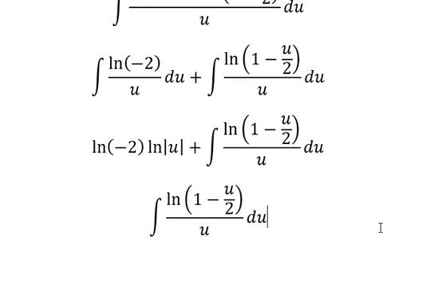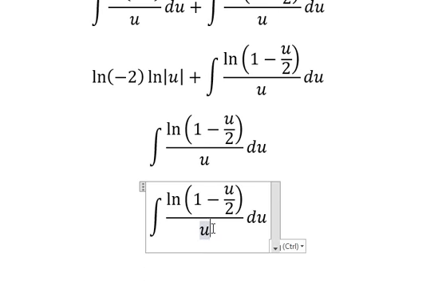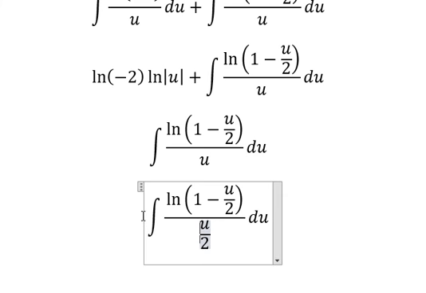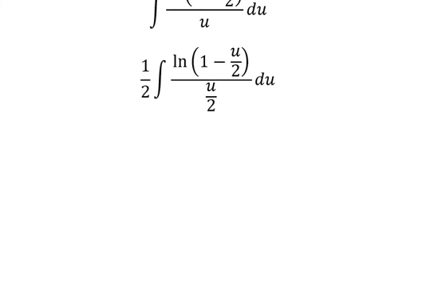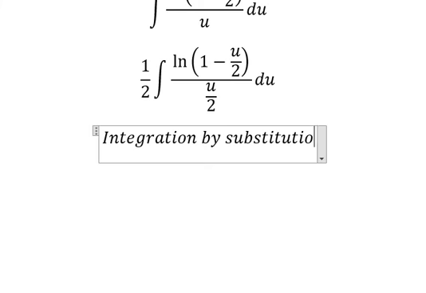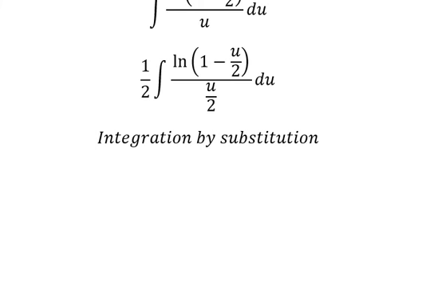So I will put number 2 and another 1 over 2 in here, because I want to use integration by substitution. So I will put t equals u over 2.